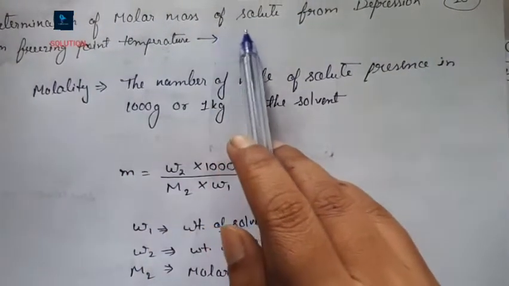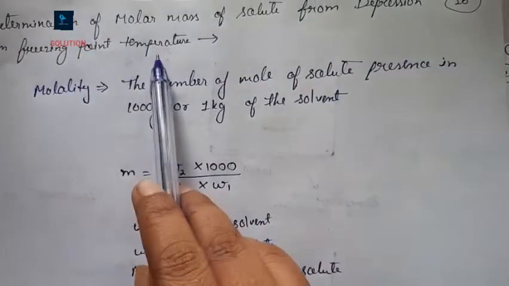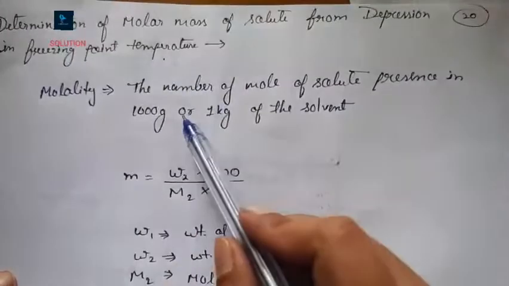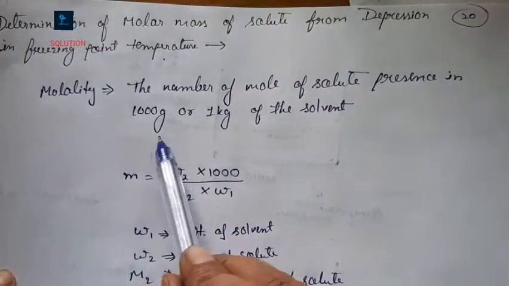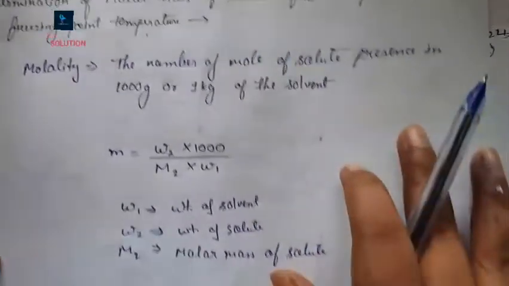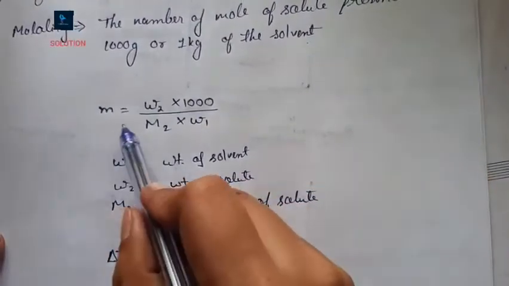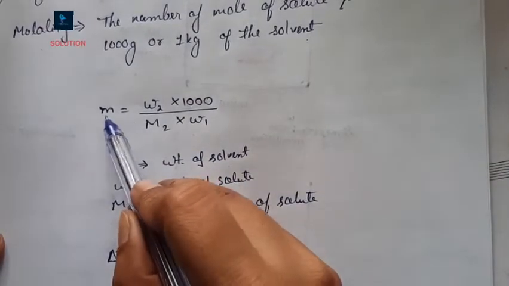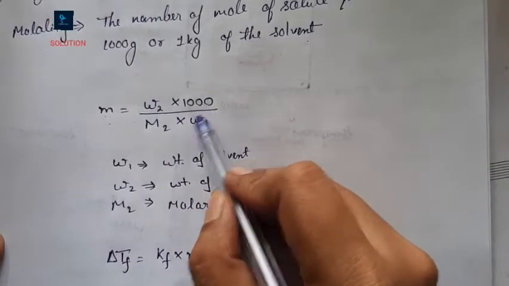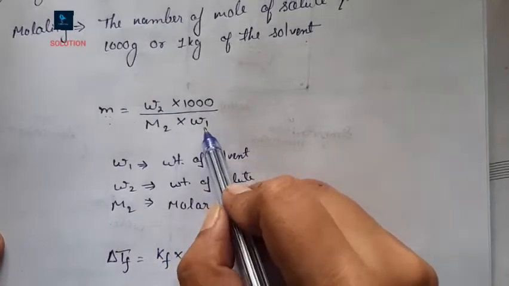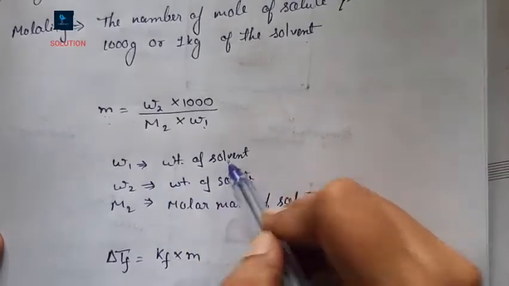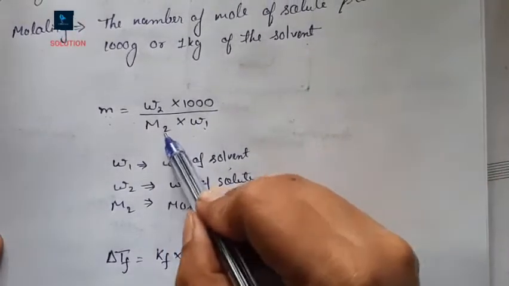Determination of molar mass of solute from depression in freezing point. What is molality? The number of moles of solute present in 1000 gram or 1 kg of the solvent. You can also write it like this: m, which denotes the molality, equals W2 into 1000 divided by M2 into W1. W2 is the weight of solute, W1 is the weight of solvent, and M2 is the molar mass of solute.